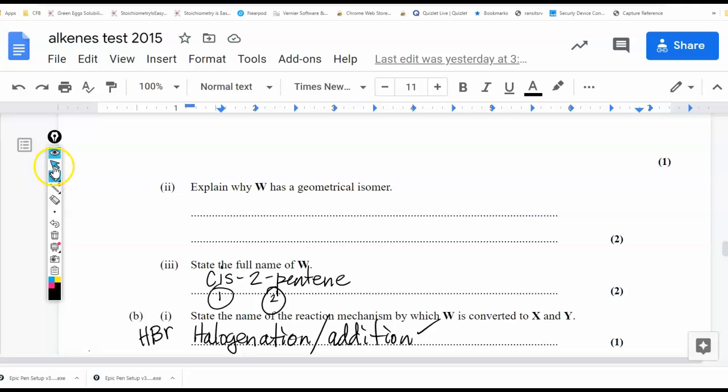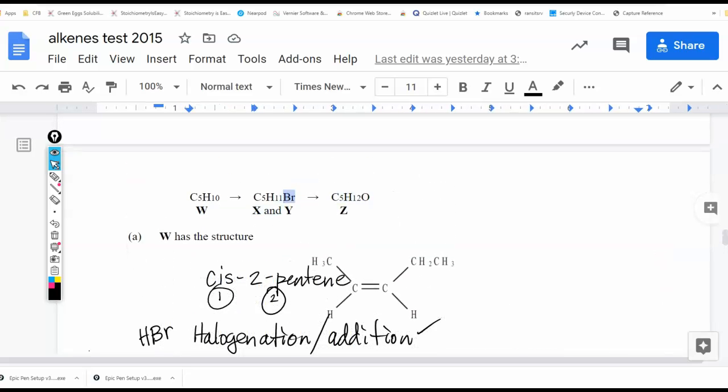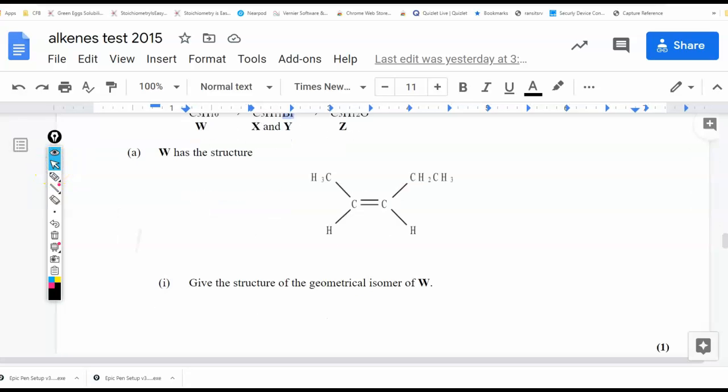Okay, so if you're wondering, wait, now what? Let's go back and look at the idea here that there would be only one Br added. That one Br being added means that we were adding the HBr, not the Br2. If we had added Br2, then there would be another H missing here, and there would be 2 Brs right here.